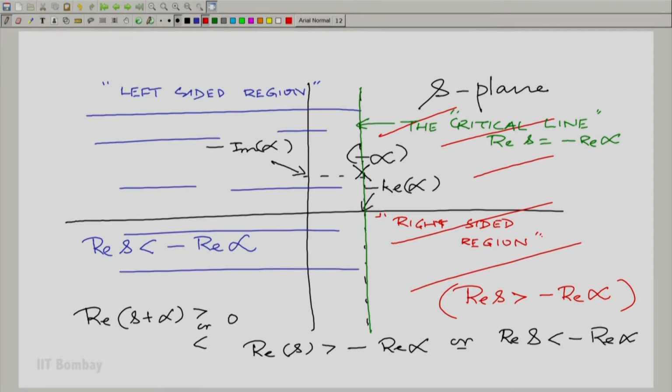And therefore, we have two possibilities as far as the corresponding signal goes. One is that you can have a right sided signal or a left sided signal, and actually the mnemonic is very simple. The right sided region of convergence corresponds to the right sided signal, and the left sided region of convergence corresponds to the left sided signal.